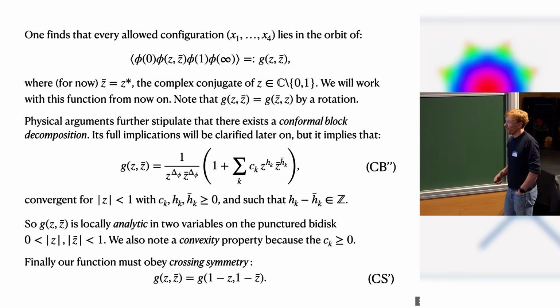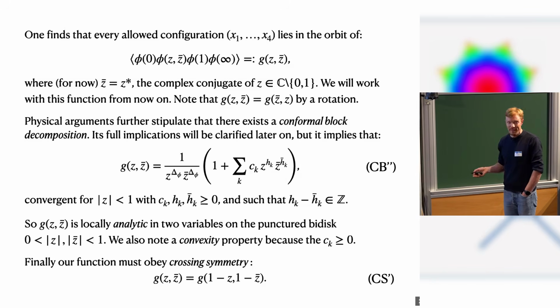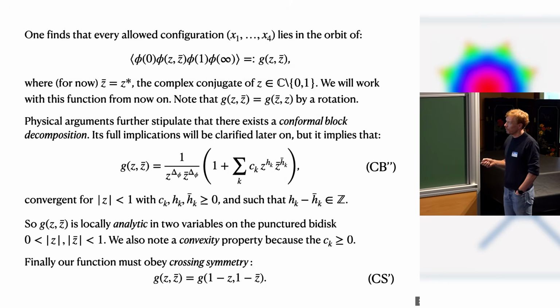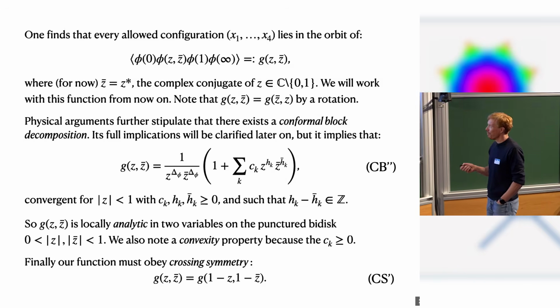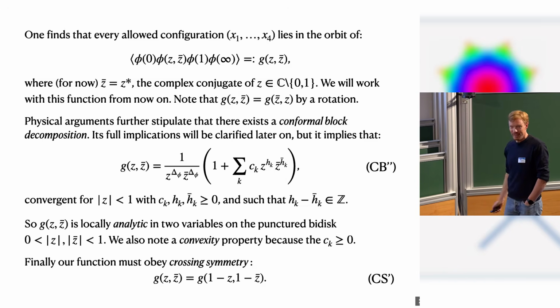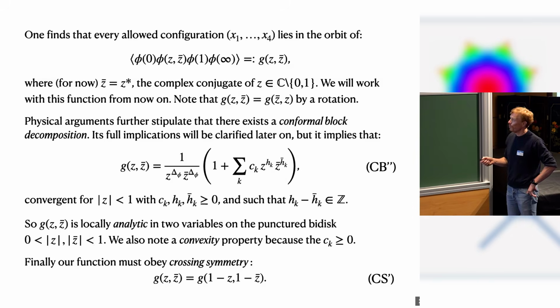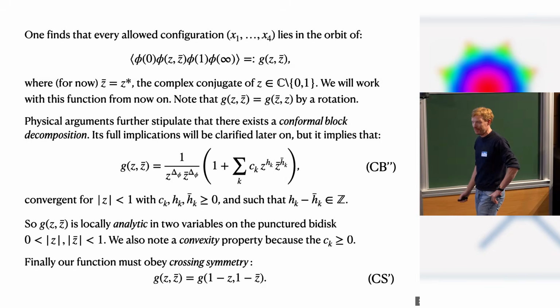What I want to get at is that this is a game of analyticity and convexity. The convexity here is because these coefficients c_k are positive. One way to see that there is some convexity property is that if you have two of these functions with such a decomposition, then a convex combination of them also has this decomposition.